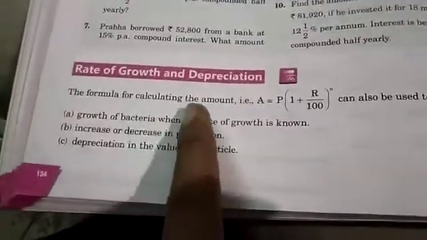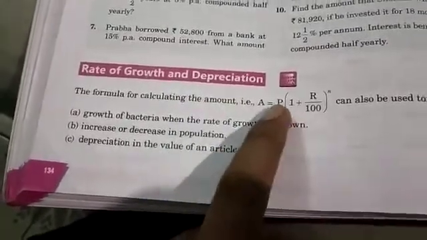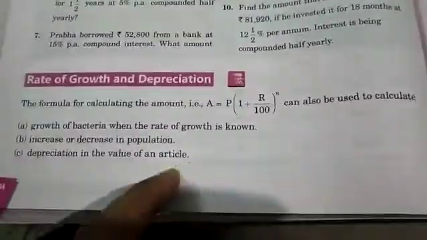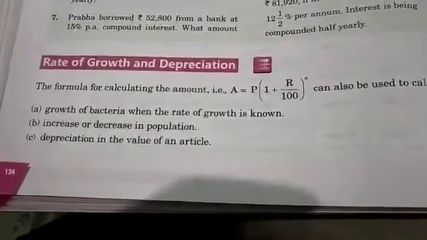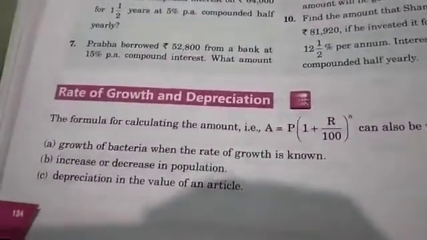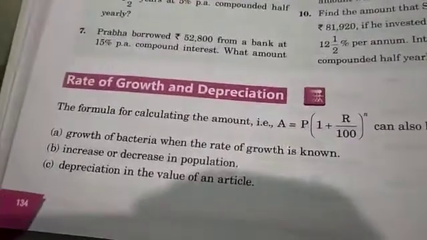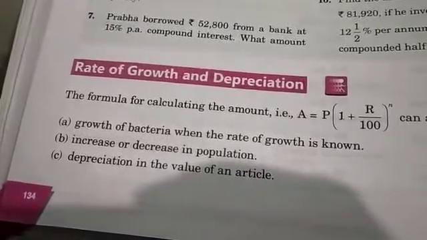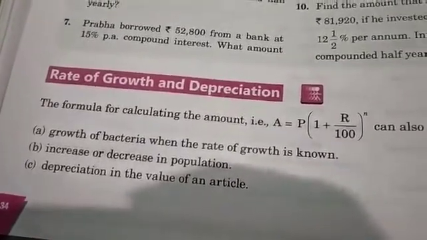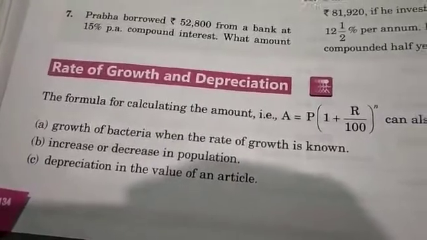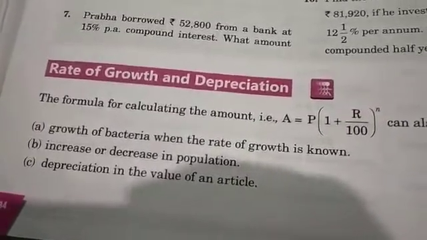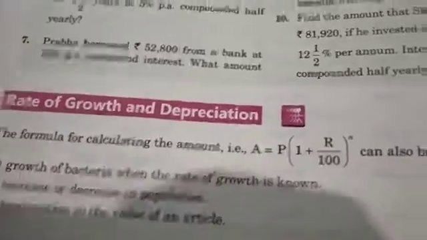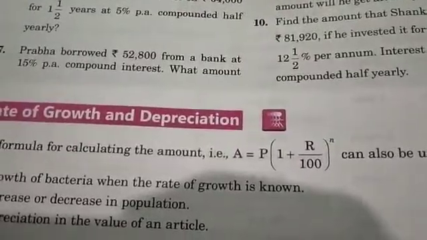So the formula that we will be using for calculating the amount is A equals P into (1 plus R by 100) power N. Here we will be discussing the increase and decrease of a population, or machinery, a machine which is at an optimum level and producing a certain amount, but after some problems or difficulties it is giving a smaller number of products.